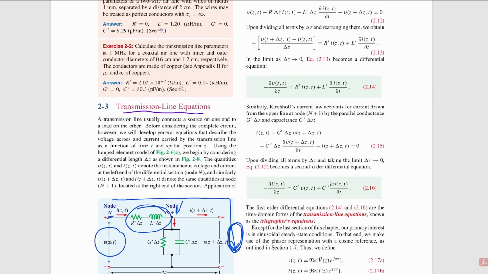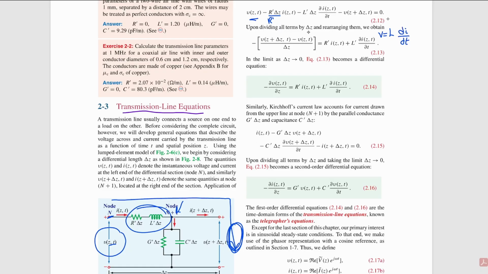V(z, t), this one, minus the voltage drop across R, which is R prime, the resistance per unit length, times the length delta z, times the current, will give us the voltage drop across the resistance, minus the voltage drop across the inductance. As we can remember, the voltage drop across an inductance is V equals L di/dt. This is what is happening in here, minus the voltage at the end equals 0.